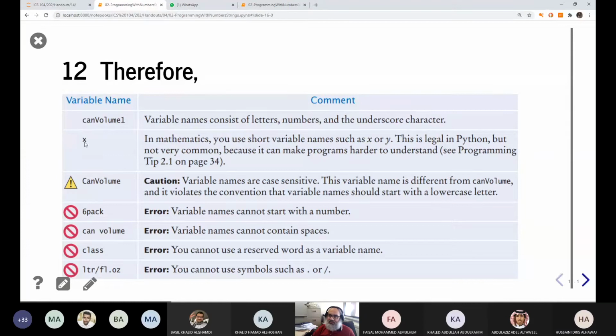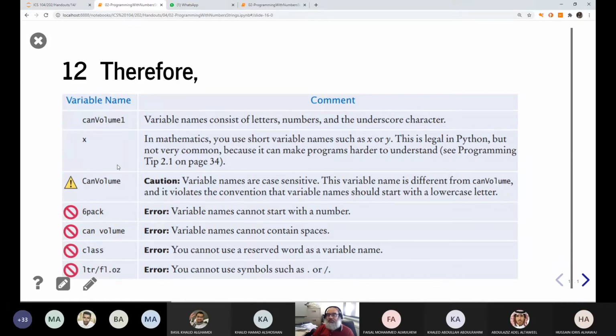No. What does it tell you, X? Unless this is in the context of solving an equation, using X like this does not tell you anything. It doesn't say what is stored inside it. So this is not following the good convention.